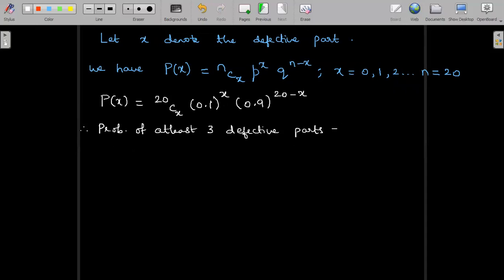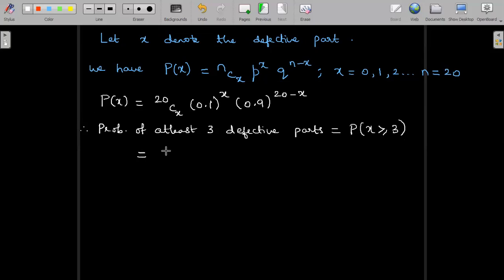This is symbolically equal to the probability of x greater than or equal to 3. At least 3 means minimum 3. So greater than or equal to 3 means P of 3 plus P of 4 plus P of 5 etc. up to P of 20, because x takes values until n. Computing P of 3, 4, 5 up to 20 becomes very lengthy.